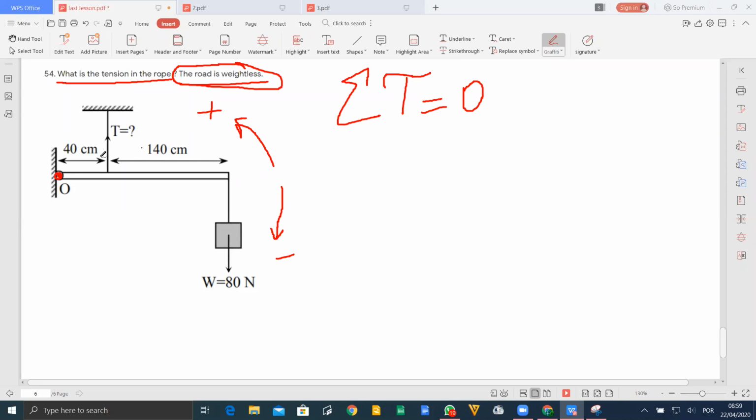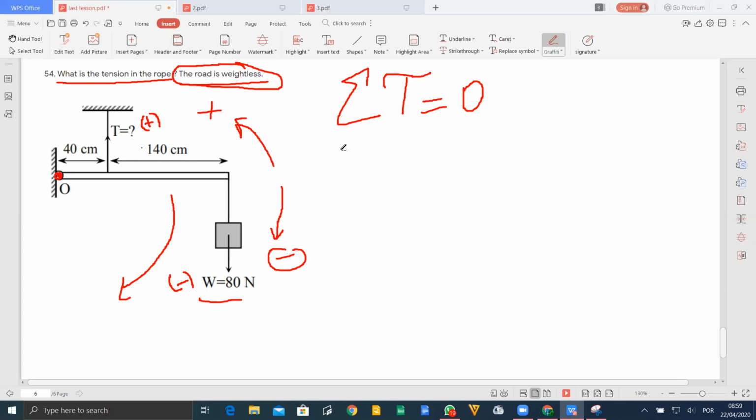This tension force is trying to balance the system in this direction, right? So when we use the formula, we will use T as positive. But this weight is trying to turn the system to that side, which means it is negative. When we use the formula, we will use the weight as negative.